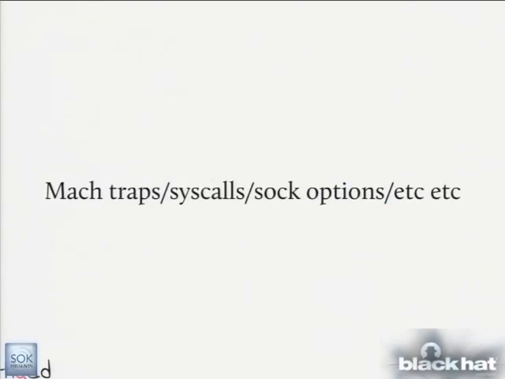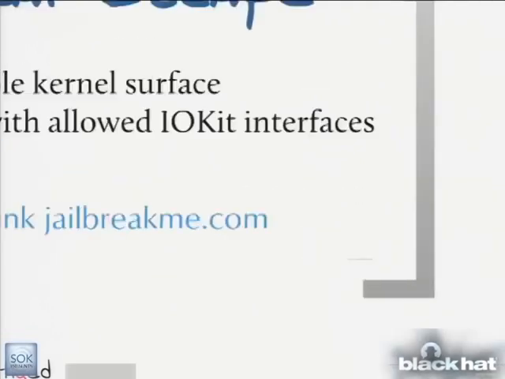So you can try to find bugs in Mach traps, which are basically the same thing as syscalls in the Mach world. And you can try to find bugs in syscalls, socket options, and all the known sources of bugs in kernel code. That's the first option.